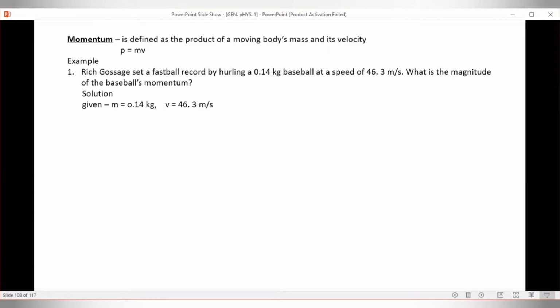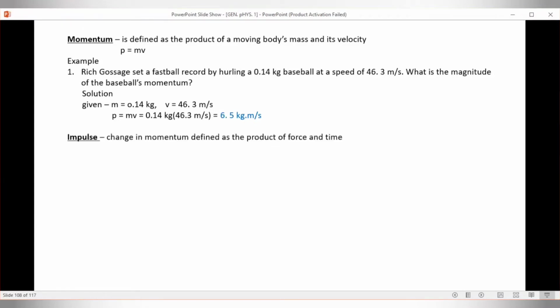Our given here is 0.14 kilograms as the mass, and the velocity of the ball is 46.3 meters per second. By substitution on our mathematical expression for momentum, mass times velocity, our mass is 0.14 kilograms times 46.3 meters per second. Your momentum of the baseball is 6.5 kilograms meters per second.